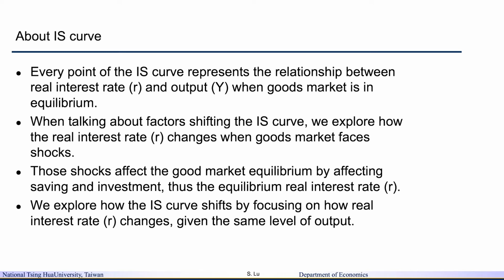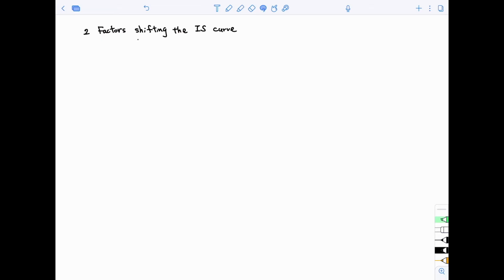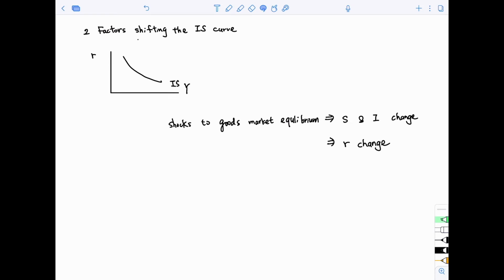Now I want to illustrate the concept we discussed in graphs. The IS curve captures the goods market equilibrium in a diagram with R on the vertical axis and Y on the horizontal axis. When a shock happens to the goods market equilibrium, it causes saving and investment to change.